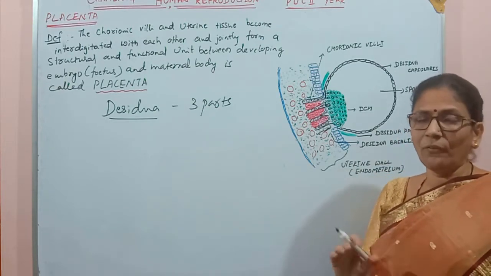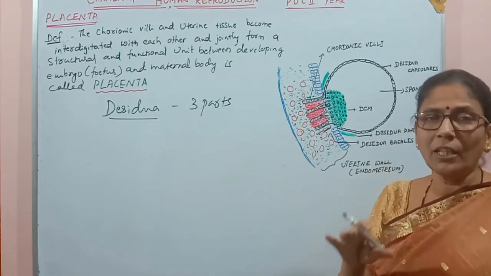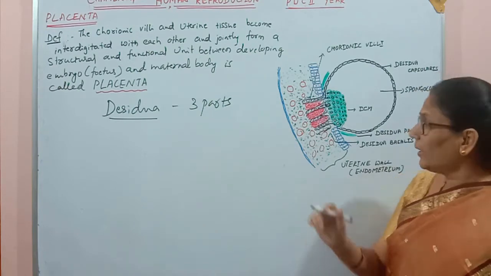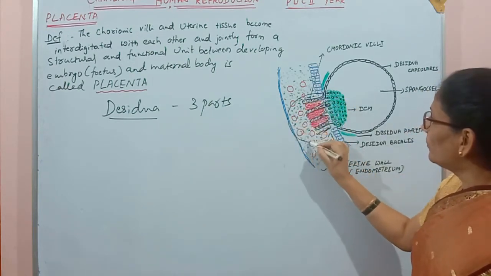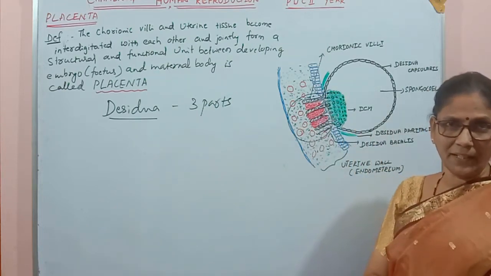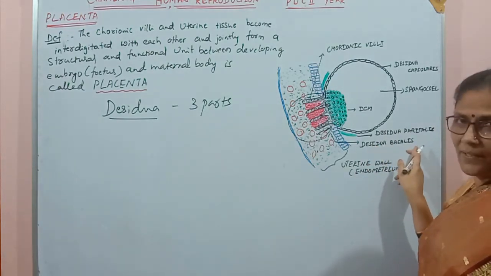It's a part of the uterine wall, and this is going to take part in the formation of placenta. Or we may also say that this is the portion where the chorionic villi are penetrated. That portion is called the decidua basalis.